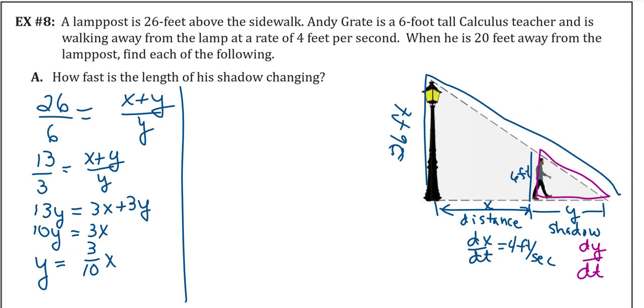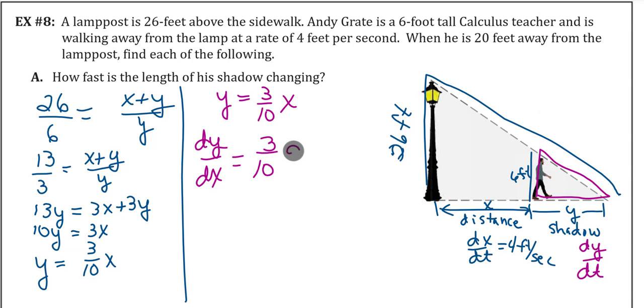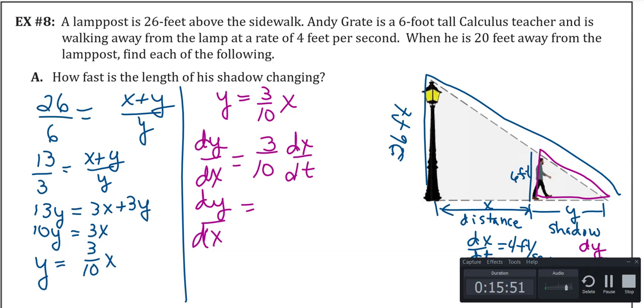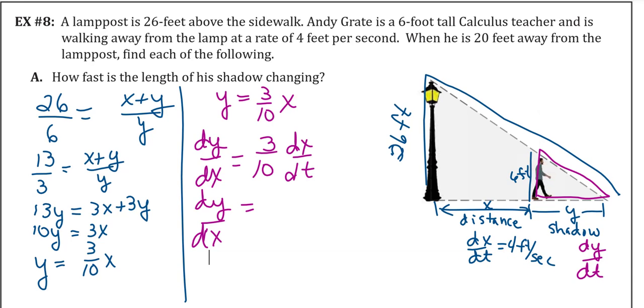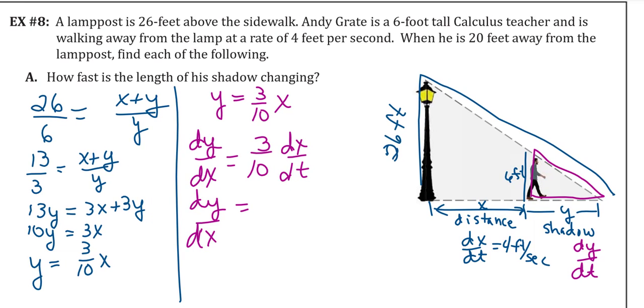Okay, so doing that, we're starting with y equals 3/10 x. So dy dt is going to equal 3/10 dx dt. So we have 3/10 times 4 feet per second.